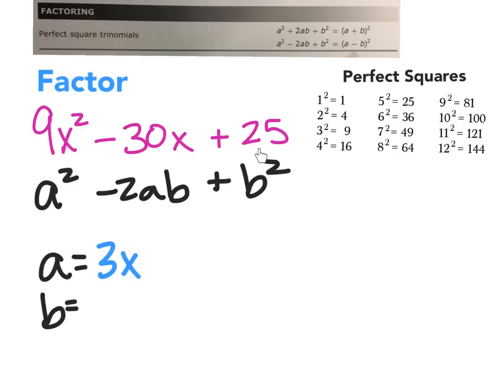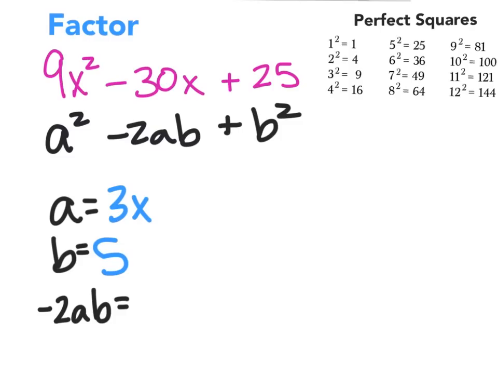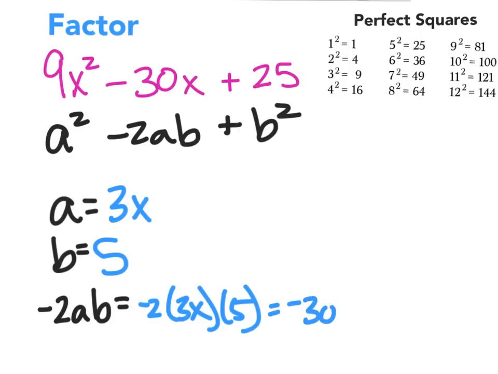What got squared to give me 25? Well, that's just 5. Now, to really check myself, I need to plug in these numbers that I just got for a and b into negative 2ab to make sure that it's negative 30x. So that'd be negative 2 times 3x times 5. Negative 2 times 3x is negative 6x times 5 is negative 30x.